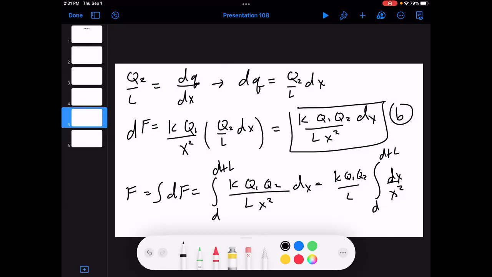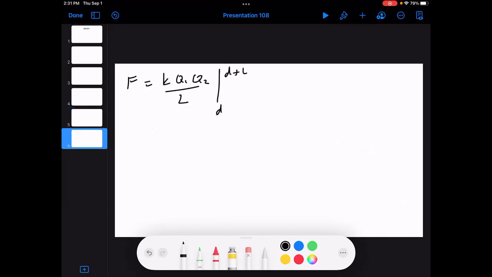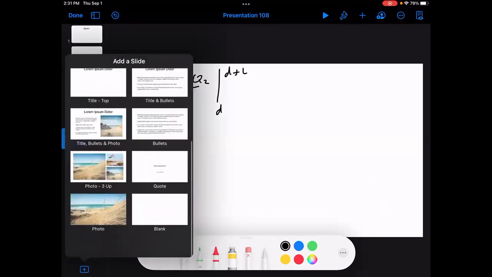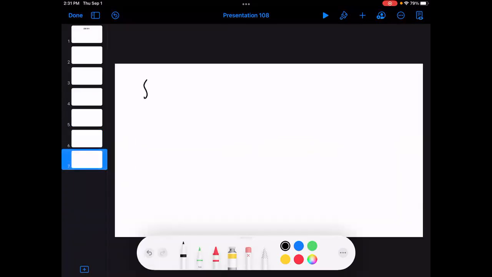Shall we rewrite it? Yeah, so if I had really asked you what's the integral of x to the -2, could you tell me that one? So we add 1.